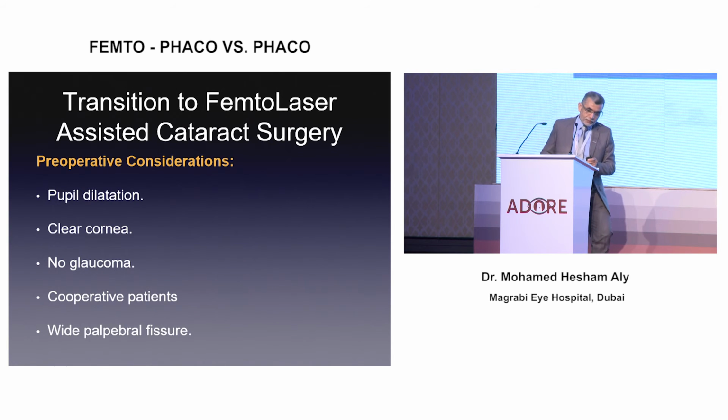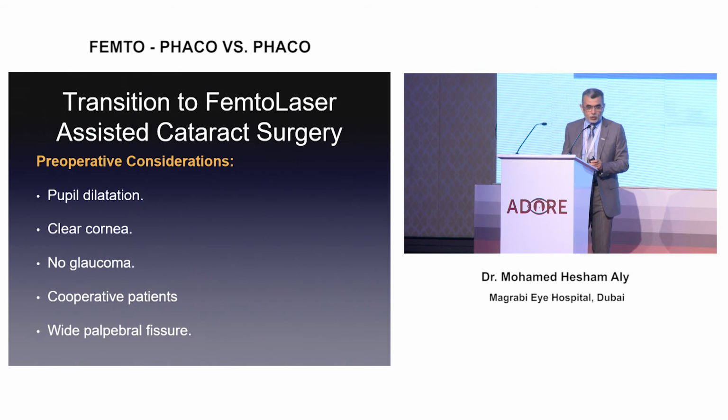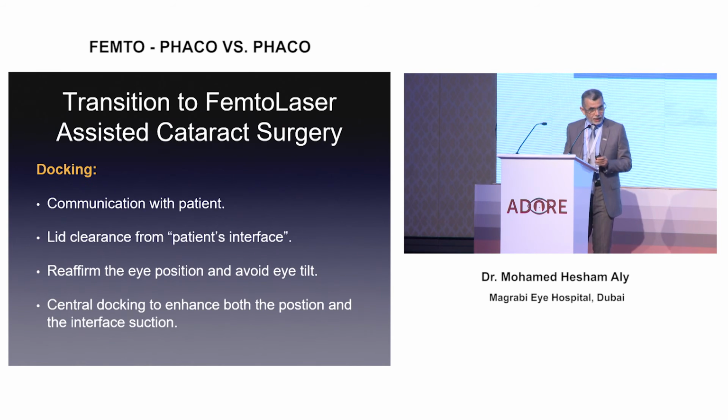We have to have conditions to go for the FEMTO. You have to have a proper dilatation and a clear cornea. If you have corneal opacity, you cannot go for FEMTO phaco. It shouldn't be glaucomatous. You have to have a cooperative patient as well, with a wide palpebral fissure, not a very small eye. Otherwise, the docking will be very difficult. You have to communicate with the patients all the time.